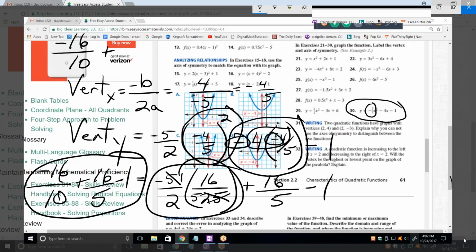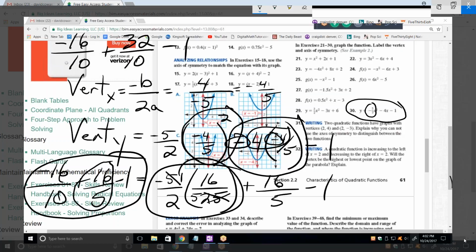Turns this 16 over 5 into what, if I want to give it a denominator of 10? What's the equivalent of 16 over 5, only in tenths? 32, I think, over 10. Yep.